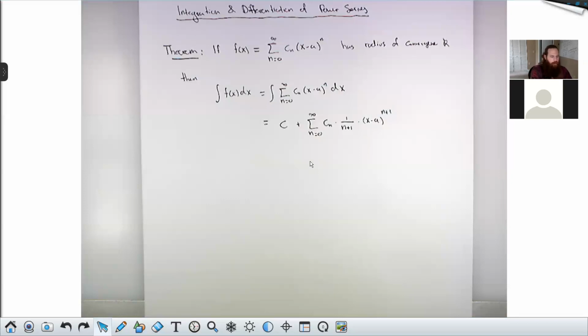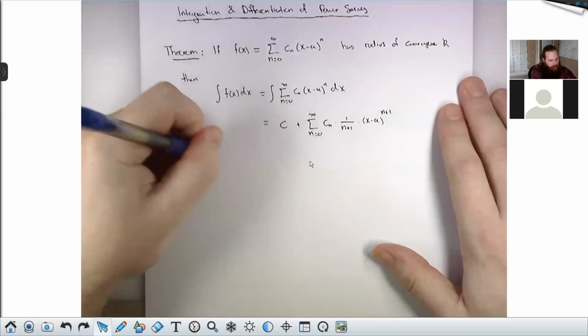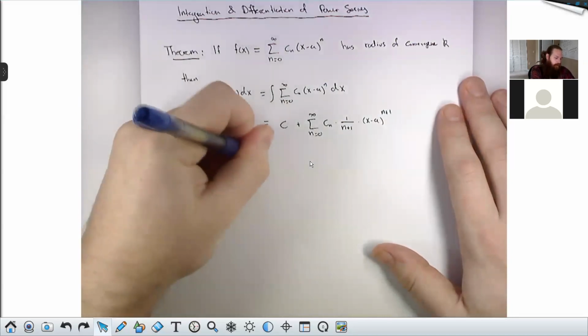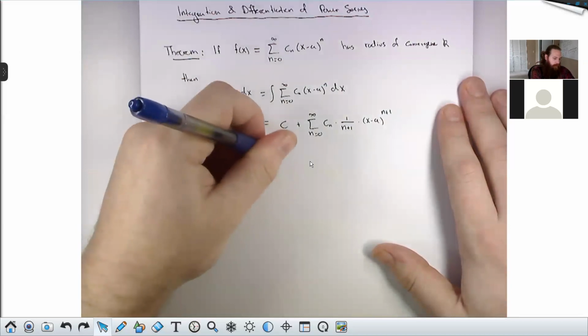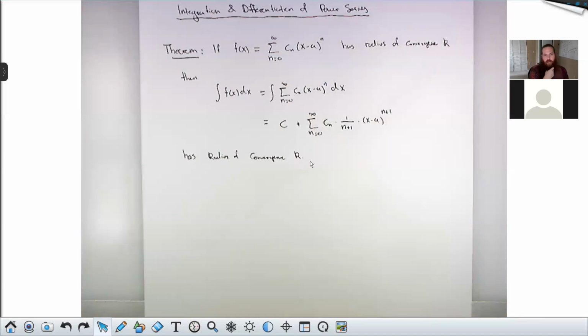This also has radius of convergence R. So the radius of convergence doesn't change. The IOC can actually change. You can pick up an endpoint when you integrate, but you'll never change the size of the interval.